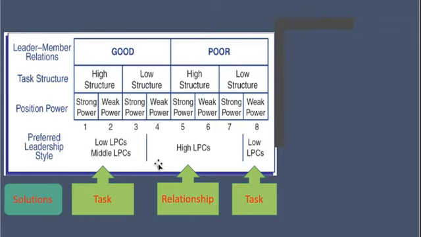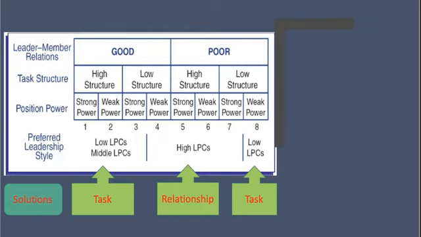If the situation falls into 4, 5, 6, and 7, we will recommend the leader demonstrate a relationship-oriented leadership style. So we classify all the different situations based on the three factors: member relations, task structure, and position power.